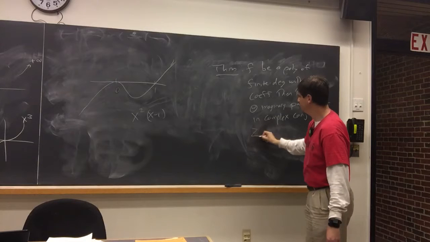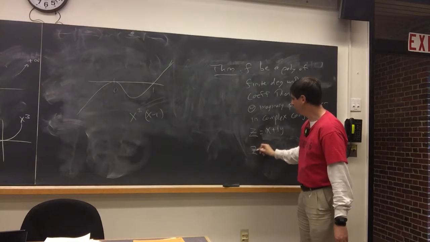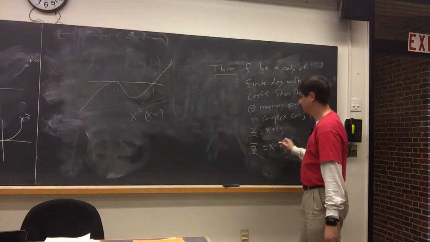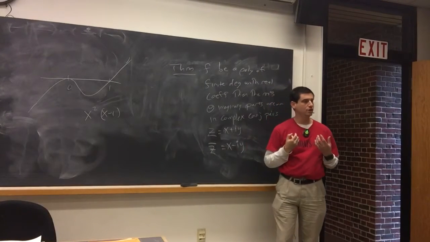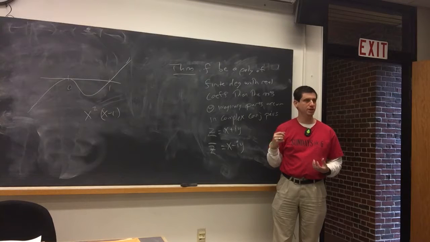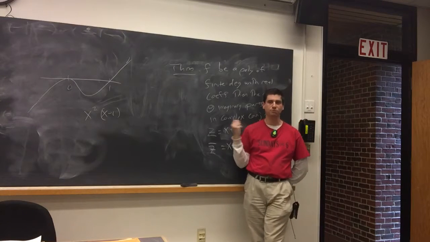So if I have some number z equals x plus iy, the complex conjugate of z is x minus iy. So if I have a polynomial with real coefficients, if 3 plus 4i is a root, then 3 minus 4i is a root. This only works if your polynomial has real coefficients.